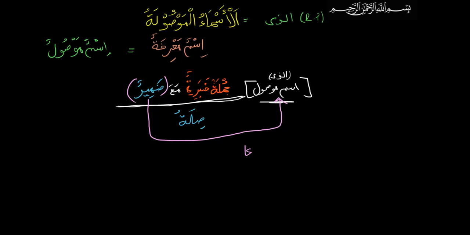That's terrible handwriting, of course. So this damir is known as a'idun, and it refers back to ism mawsula over here. Then you understand the meaning of what it's saying.